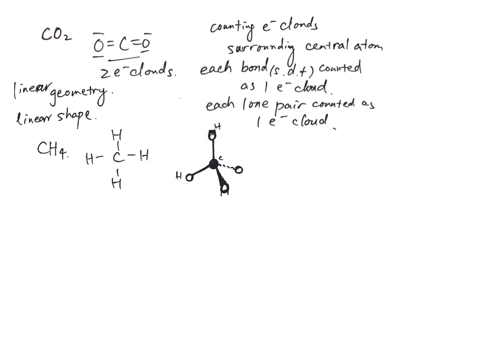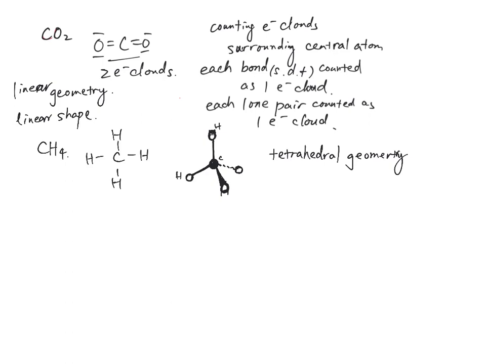And now this is what we call a tetrahedral geometry. Any central atom that has 4 electron clouds on it, regardless of whether these electron clouds are bonds or lone pairs, will have this same tetrahedral geometry.